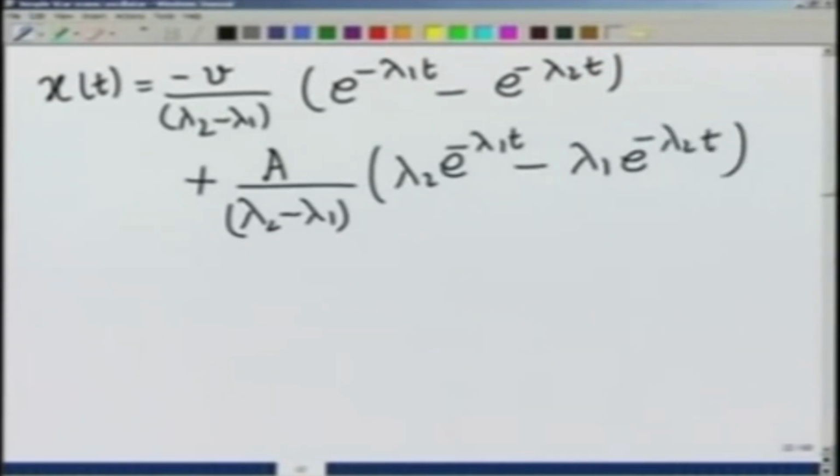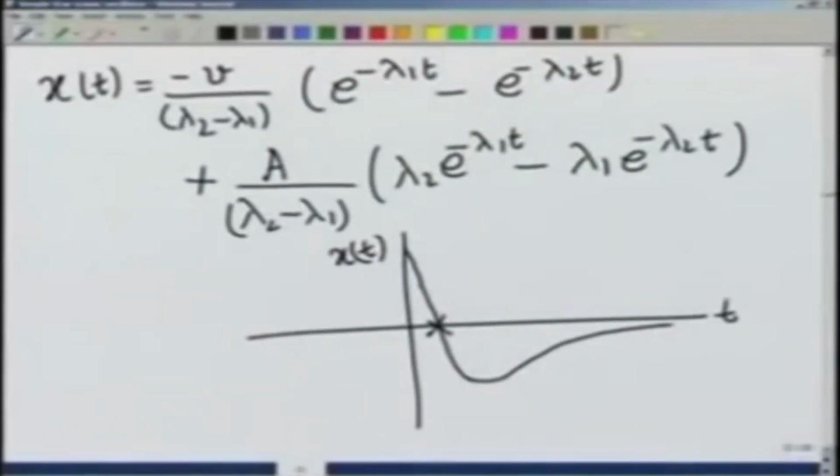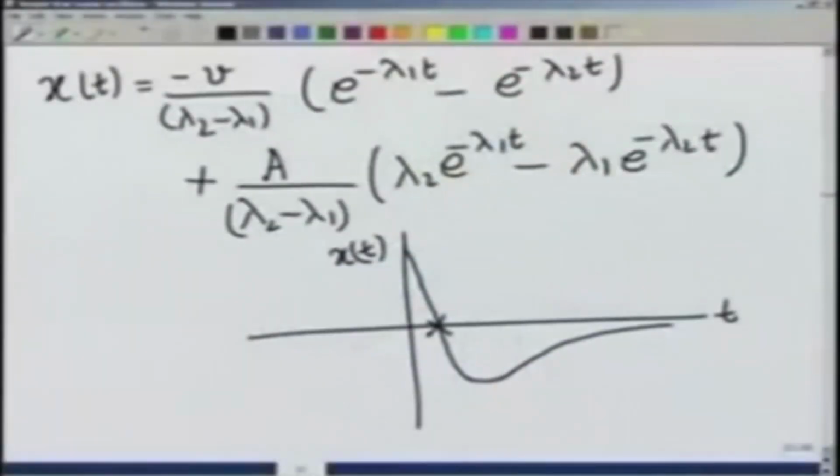And when I plot the solution, in general it is going to look like this. It starts with a value a, goes down, goes to the negative side, and then after that the solution decays like this. So this is one case where the mass does cross the equilibrium point, but once it reaches the left hand side maximum stretch, the solution again decays exponentially.